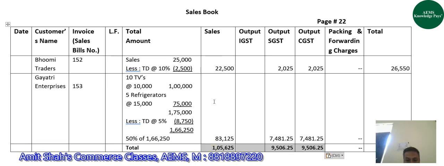After doing the total at the end of every month of sales book, purchase return book, and sales return book, the accountant transfers their totals to their respective ledger accounts. So this 1,05,625 will go to sales account in ledger.